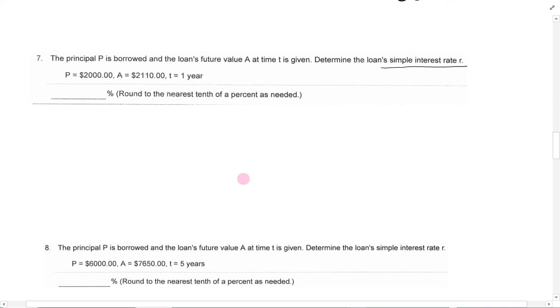So the formula is R is equal to, open parentheses, A minus P, close, divided by, open parentheses, P times T. If you leave the parentheses off, you will get an incorrect value. Here's my principal. Here's my future value amount. Here's my time in years.